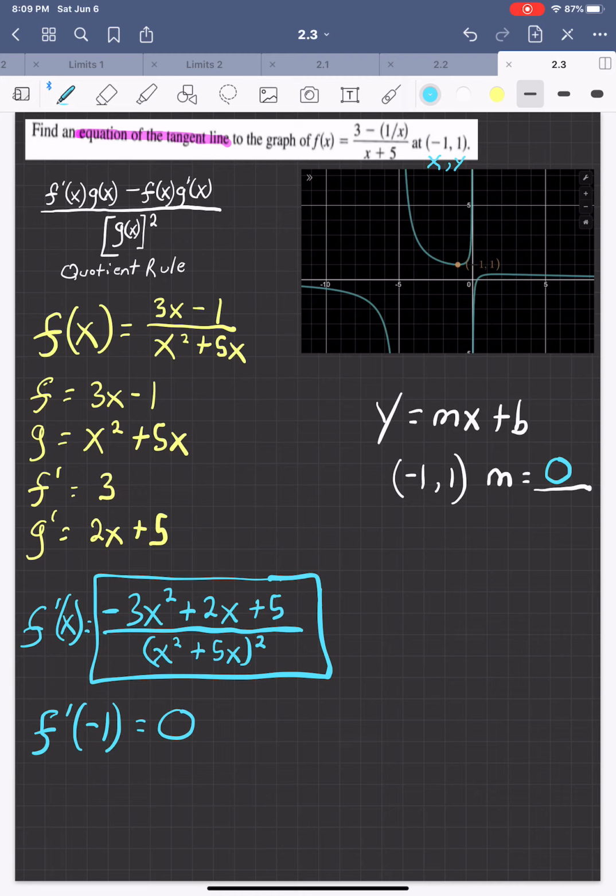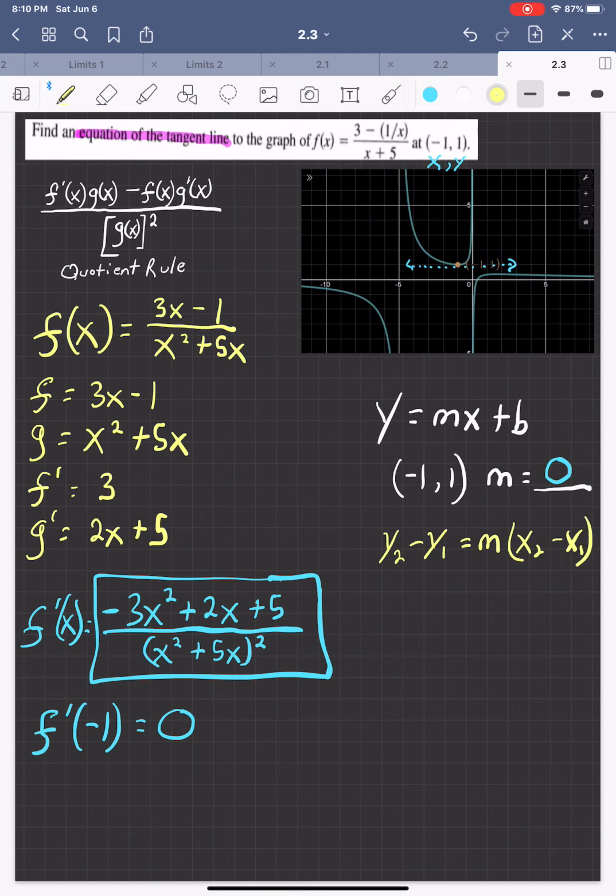That makes sense because if you look at the graph, the line running tangent to that point is horizontal, and horizontal lines have slopes of 0. But we're not done. It would pain me to take off points because you've done such wonderful work, but it wouldn't pain me too much. I would still do it because you haven't actually answered the question.